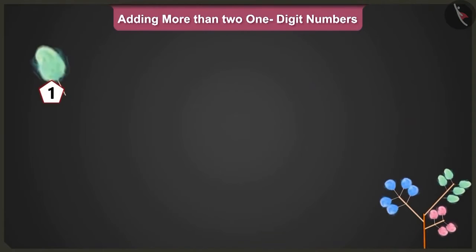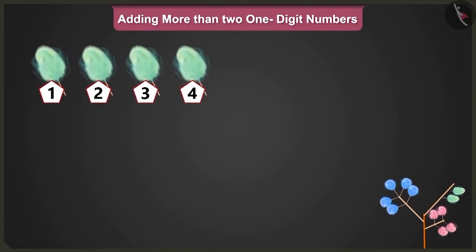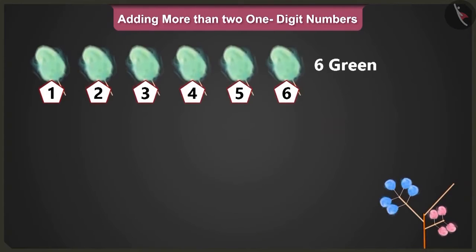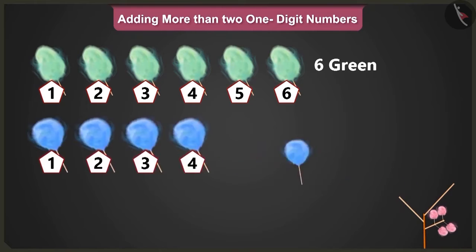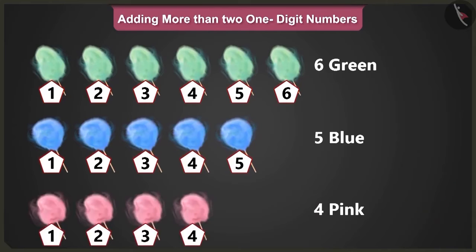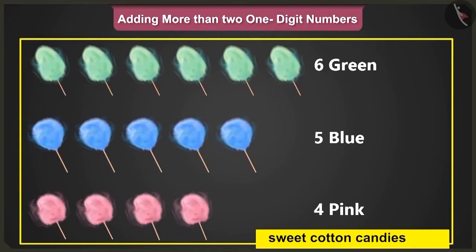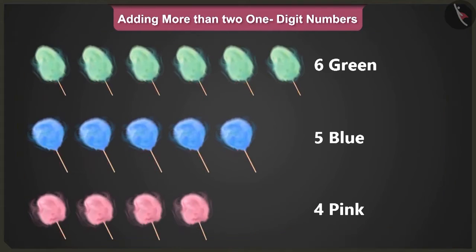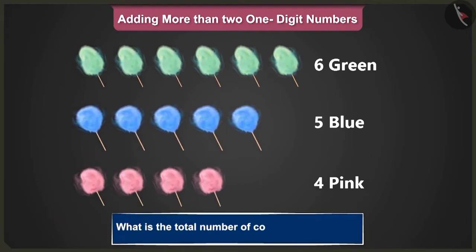Here we have 1, 2, 3, 4, 5 and 6 green candies. 1, 2, 3, 4 and 5 blue candies. And 1, 2, 3 and 4 pink sweet cotton candies.